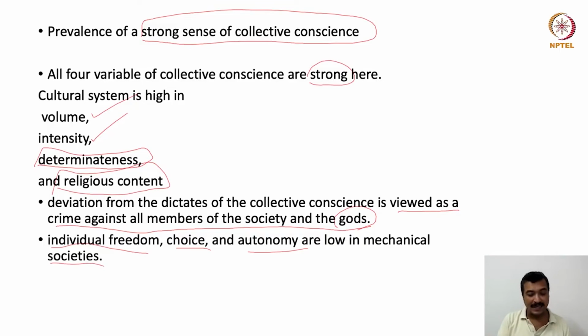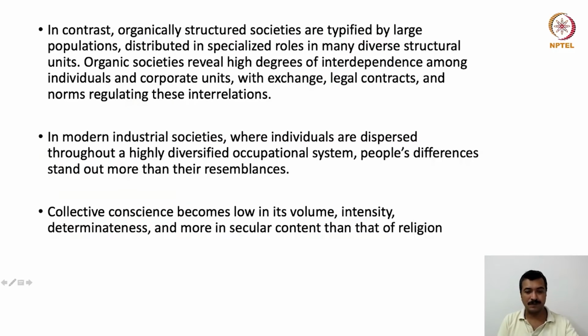So in such societies, the argument that I'm an independent individual, I can do whatever I want, simply does not exist. And ideas about choice, about agency, autonomy, these things are low in mechanical societies. That is creating an ideal type, a kind of an ideal typical description, but it's important.